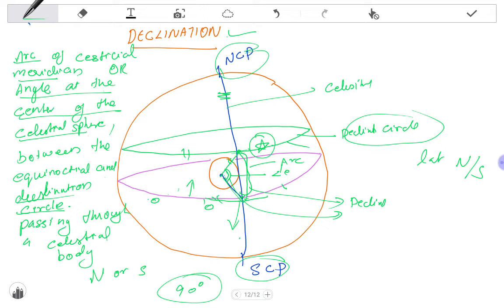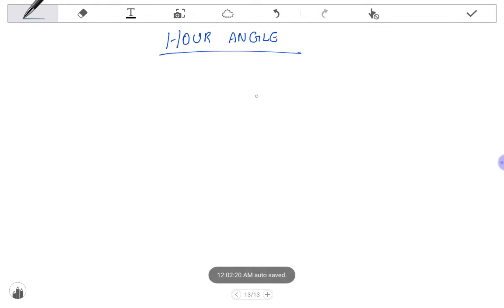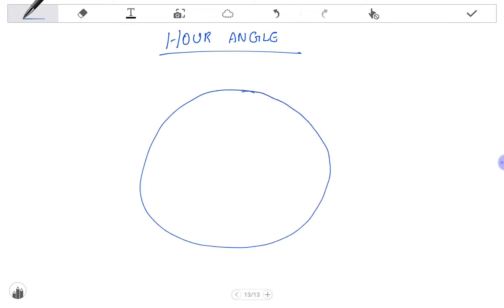So the next thing is hour angle. Again I will draw the celestial sphere here. This is the north celestial pole and the south celestial pole.